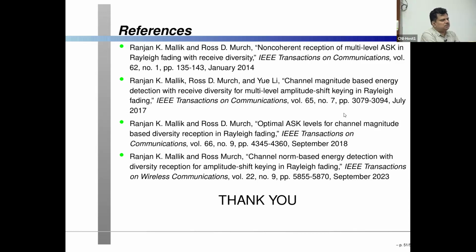See, the general concept of non-coherence is without instantaneous CSI. Just using only second order statistics, but without the assumption of it being Rayleigh fading. Yeah, that's what you're saying, right?